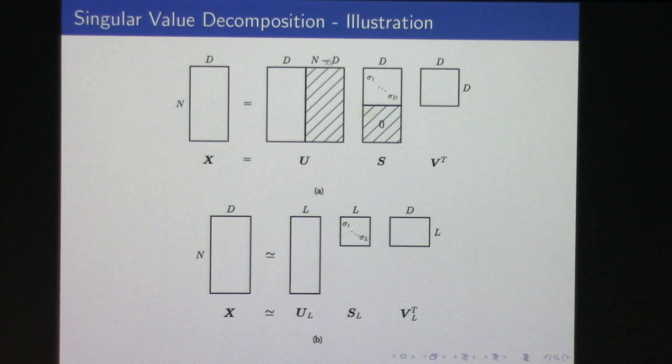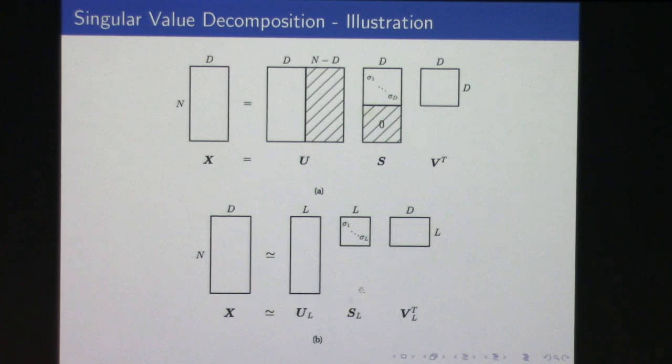But if I choose only a few singular values, this is called thin SVD, where instead of using all the d singular values, or all the n singular vectors, I only choose the top L singular values in my S, and only the top L left and right singular vectors.